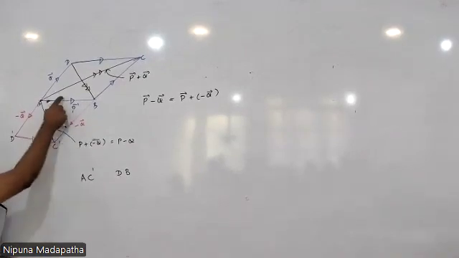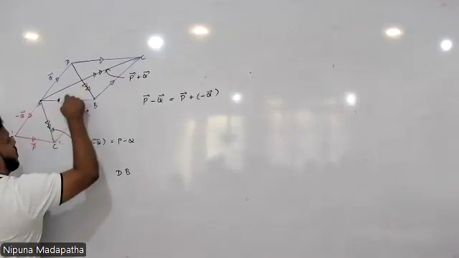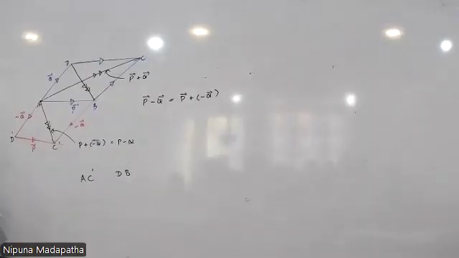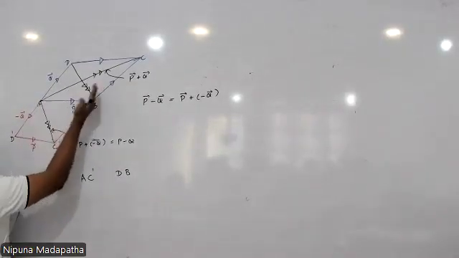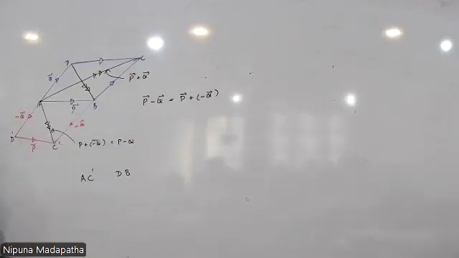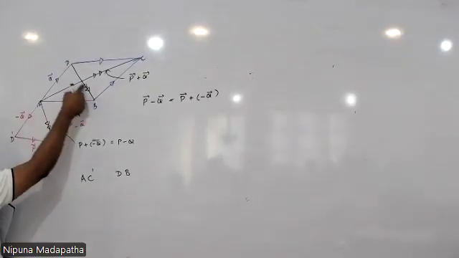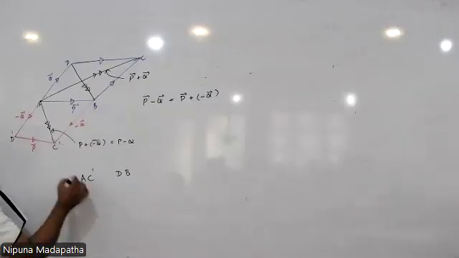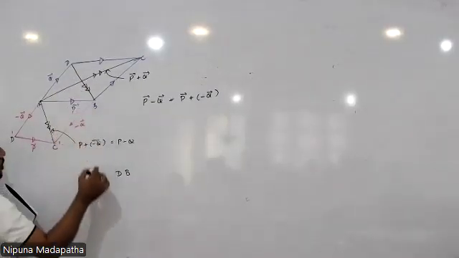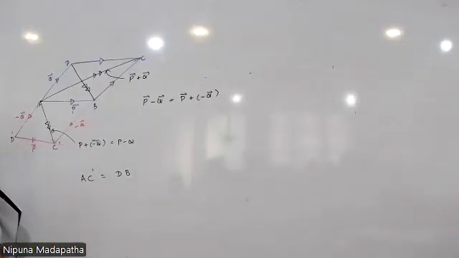These two sides are equal, and also these two sides. Then what can you say about the length of these two diagonals? They must be equal length. So AC dash is equal to DB.